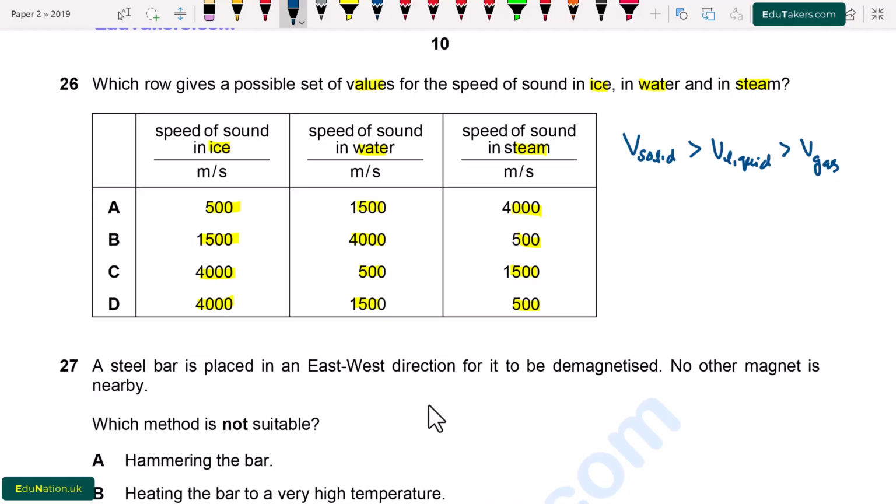First of all, here is speed of sound in the ice, then in water and steam. Here is the last option D, which shows that the speed of sound in the ice is 4000, which means that the speed in the ice is largest as compared to the speed of sound in water, which is even greater as compared to the speed of sound in steam. So option D is correct.